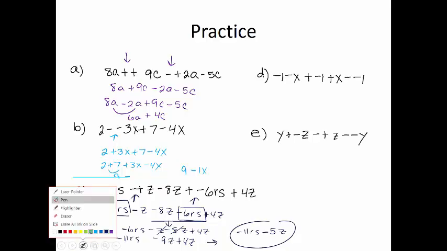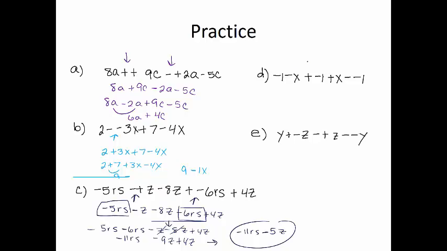Alright, for D, double sign, so let's rewrite that: negative 1 take away x, take away 1, plus x, plus 1. Let's group our like terms together: negative 1, negative 1, positive 1, negative x, positive x.